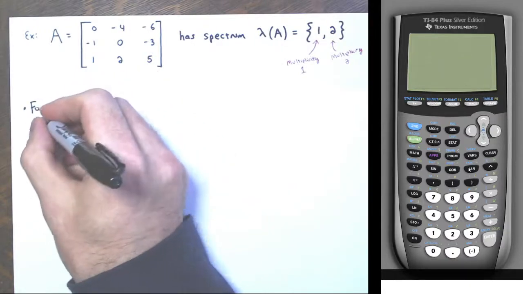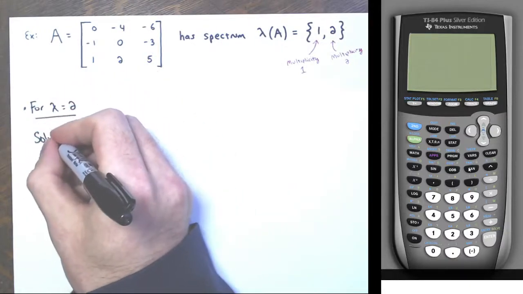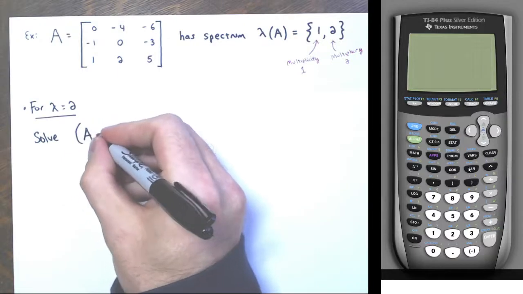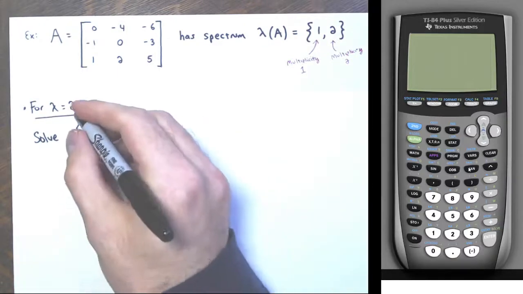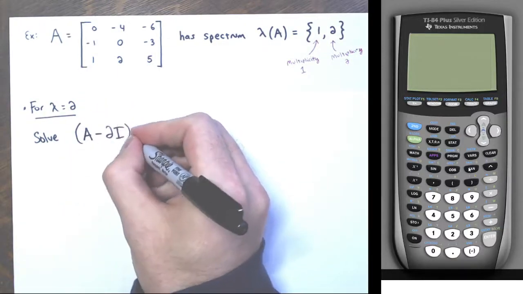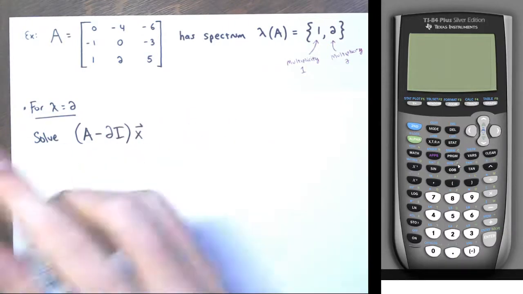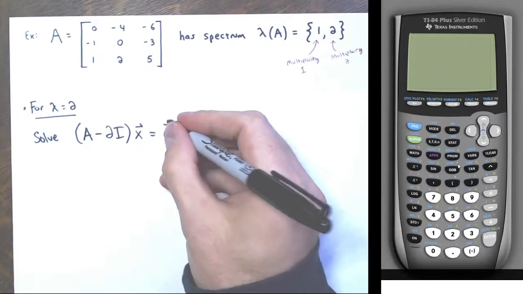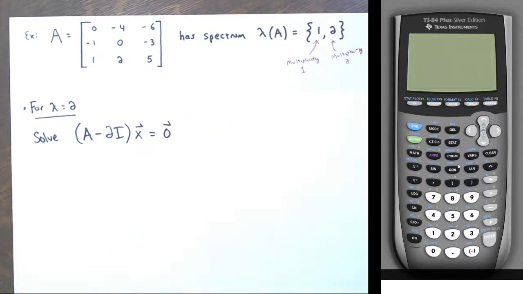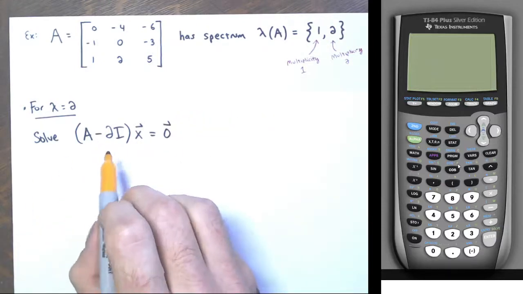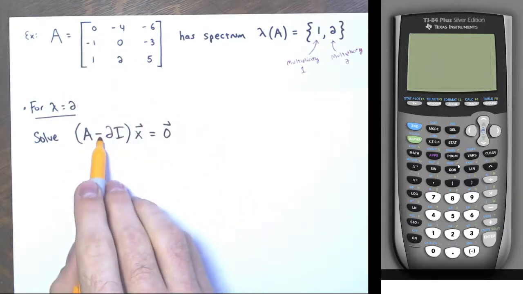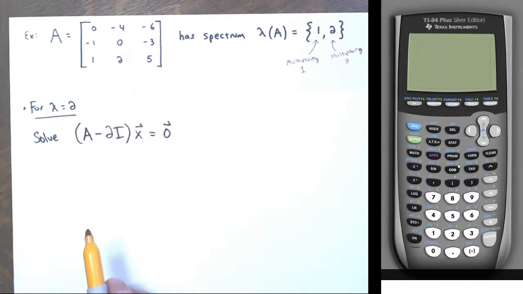and same stuff, I'm going to be solving the following equation. A minus lambda I, this time lambda is 2, A minus 2I, that matrix times some vector x. When's this equal to the 0 vector? Now A minus 2I is simply matrix A with 2 subtracted down the main diagonal entries.